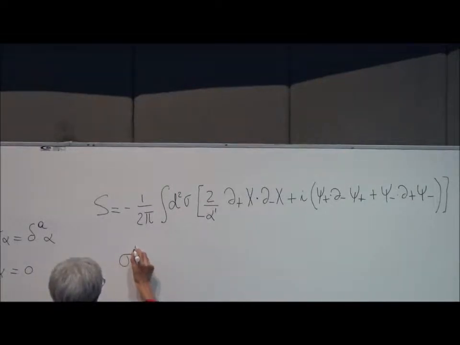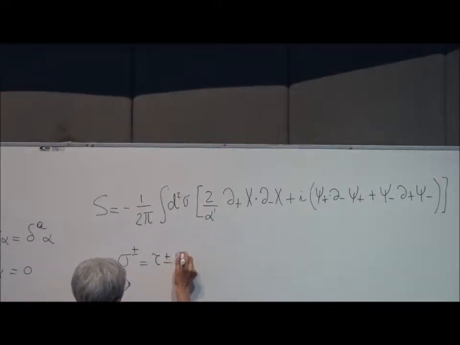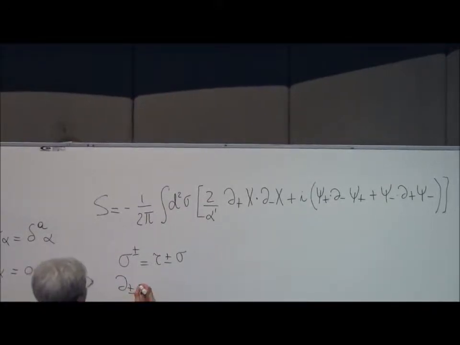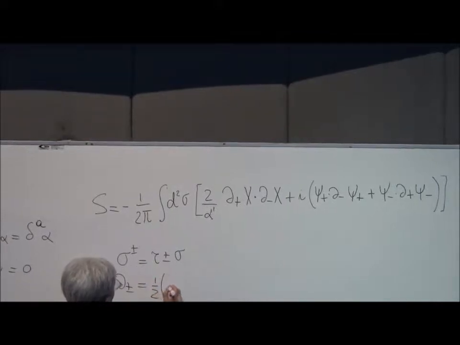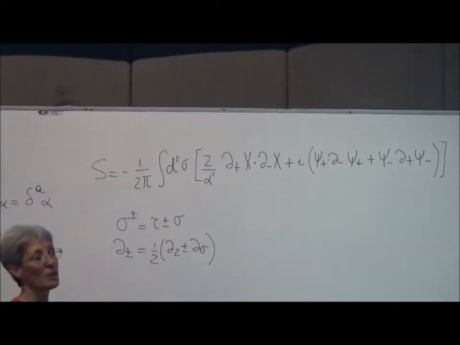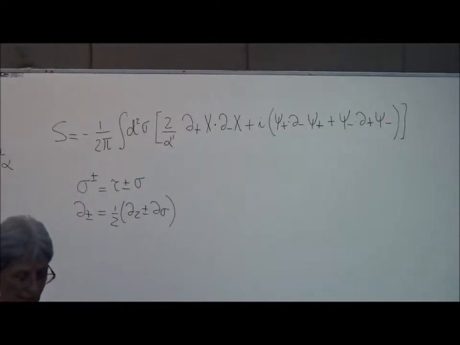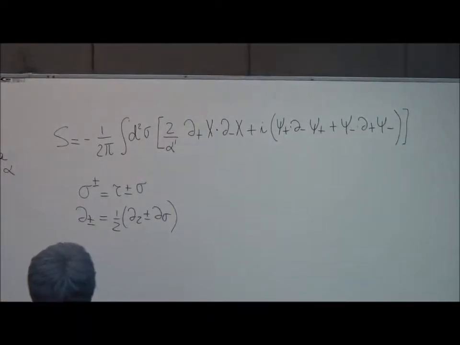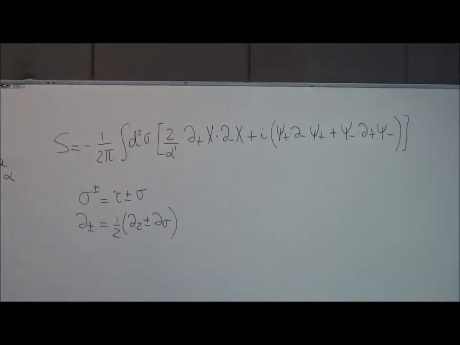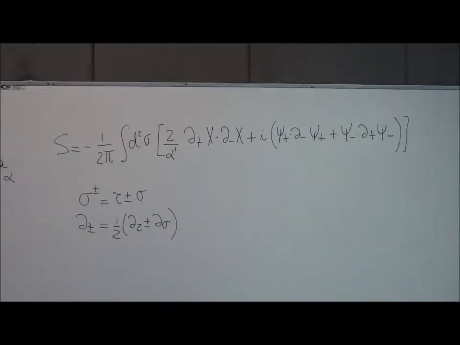We define these coordinates, sigma plus and minus, and derivative plus minus means derivative with respect to sigma plus and sigma minus. So we arrived at this action, which is a gauge fixed action, and so these symmetries allowed us to fix this gauge, which is called the superconformal gauge.